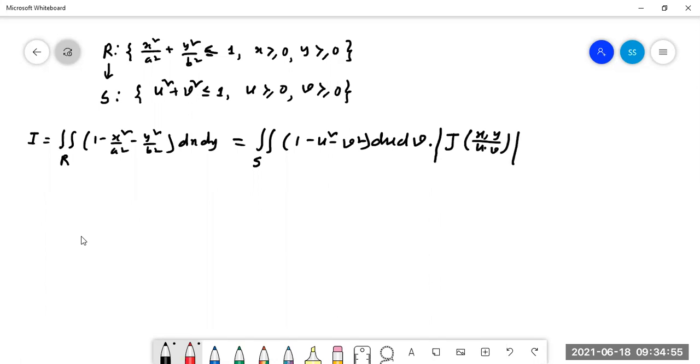That means it is changed into the double integration over S of 1 minus u square minus v square, and the value of the Jacobian was ab, na? ab du dv. Now the new integration is this. Is it clear?